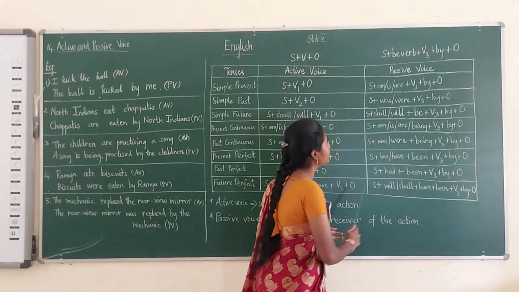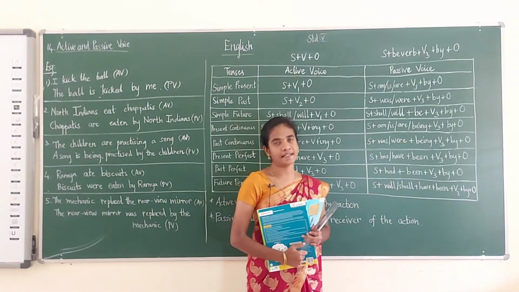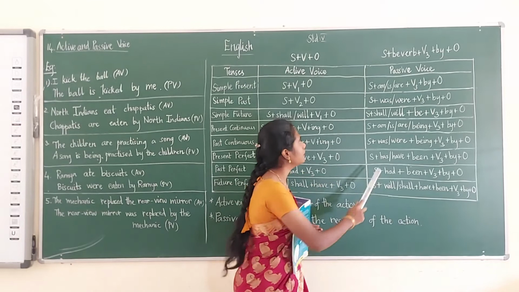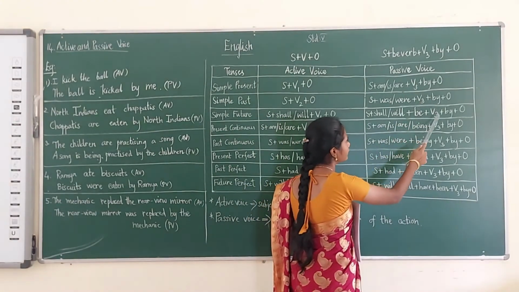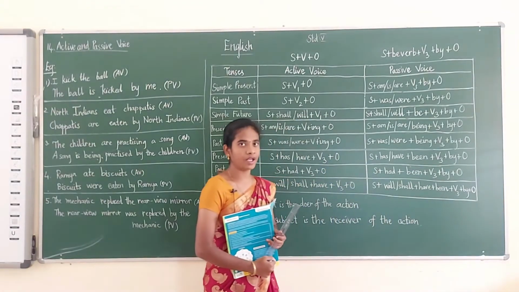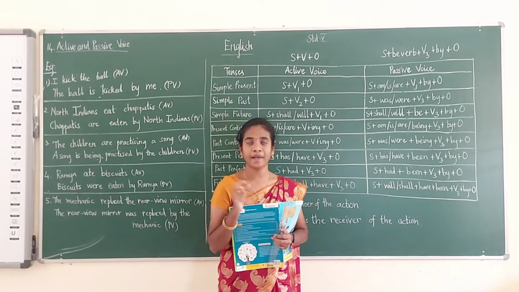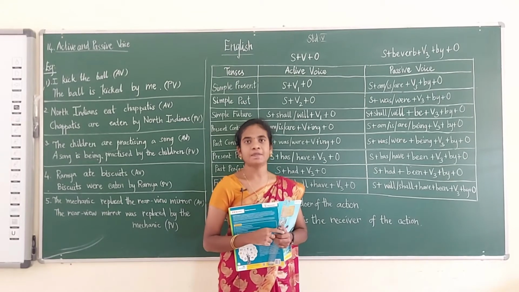In the passive voice, the main verbs are written in the past participle, that is the V3 form. In each and every tense you write V3. It's very important to know that while writing the passive voice, the main verb should be in the past participle form.